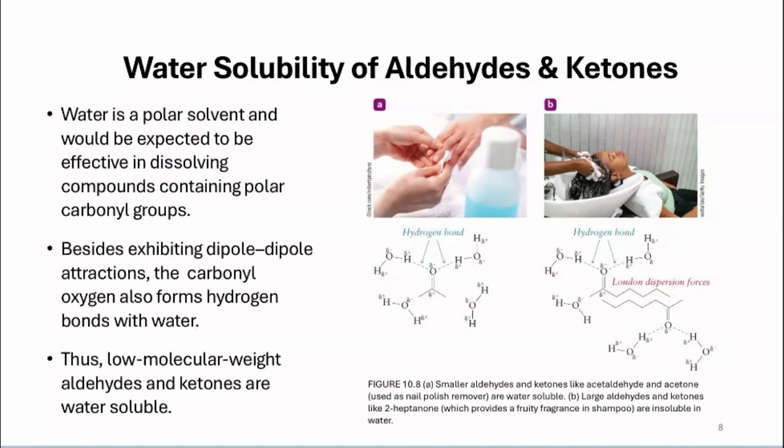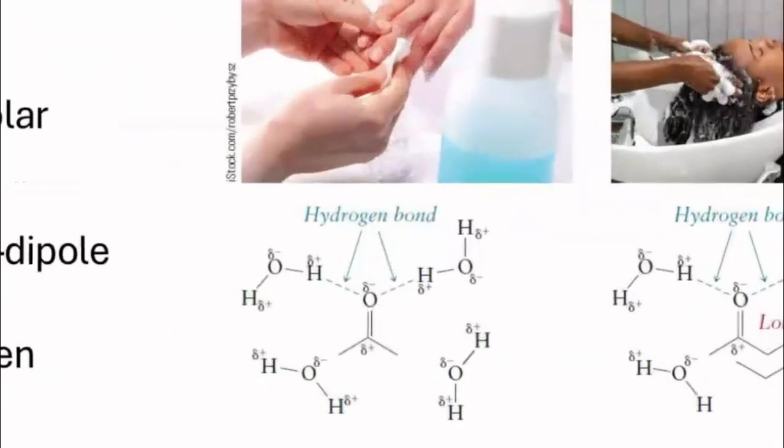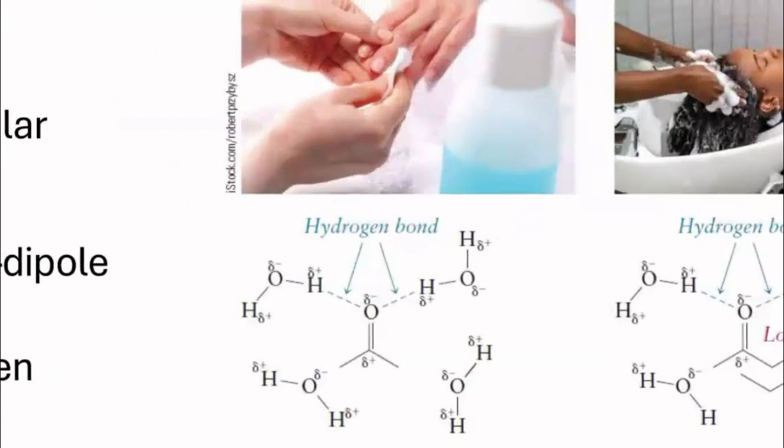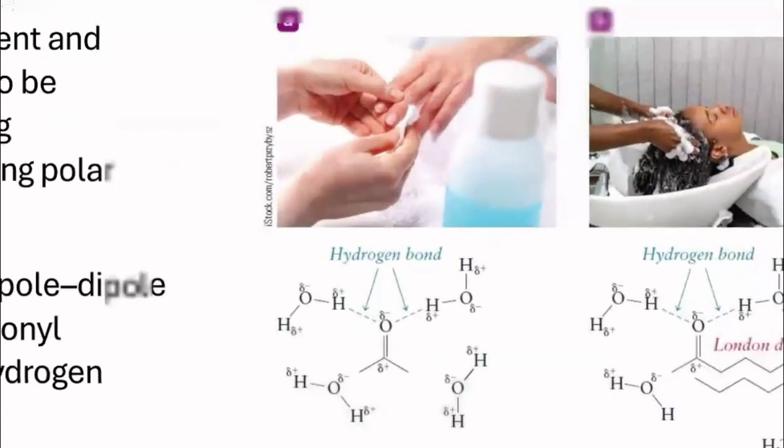So besides the dipole-dipole interaction that we actually find in aldehydes to themselves, in ketones to themselves, what happens is, if I zoom in to the images that we have on the right side of the slide, is that in the case, for example, of the ketone that we have on letter A, there is hydrogen bonding events happening between the ketone and the water.